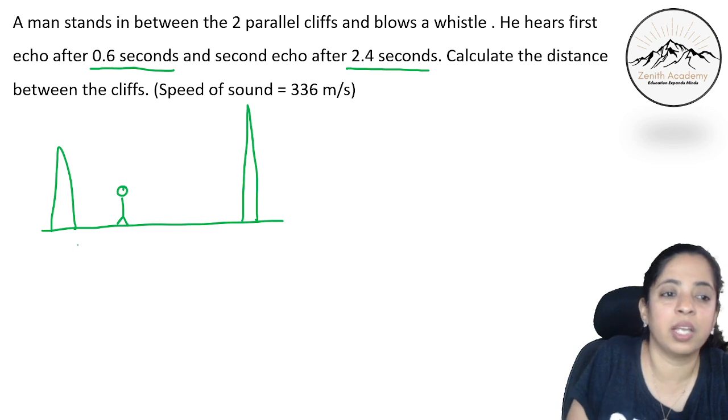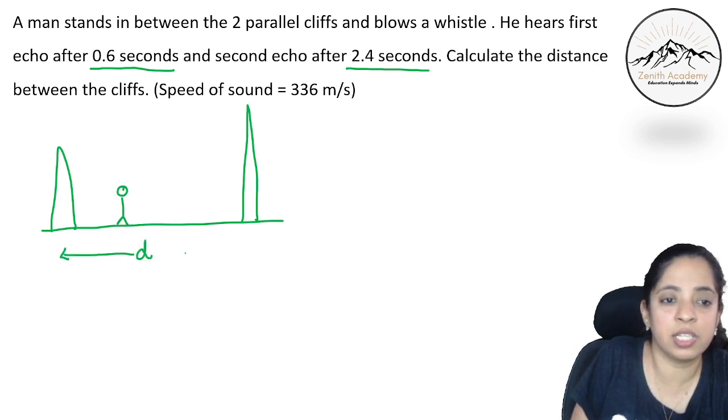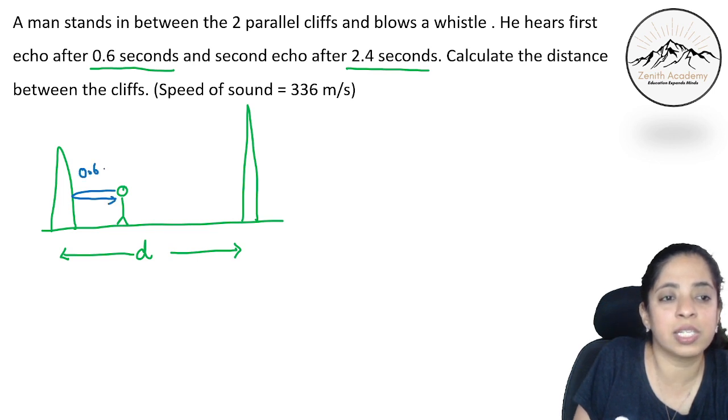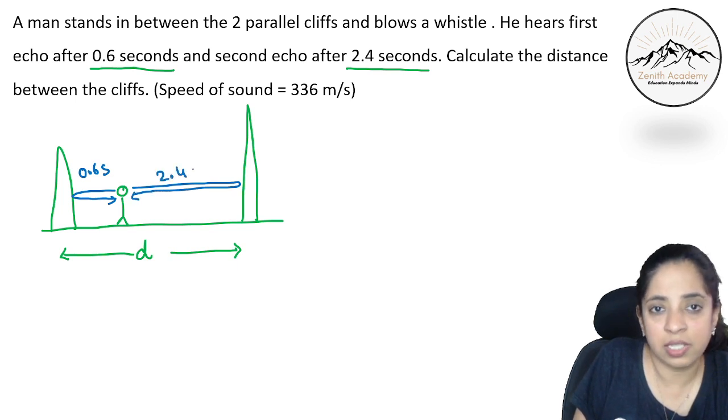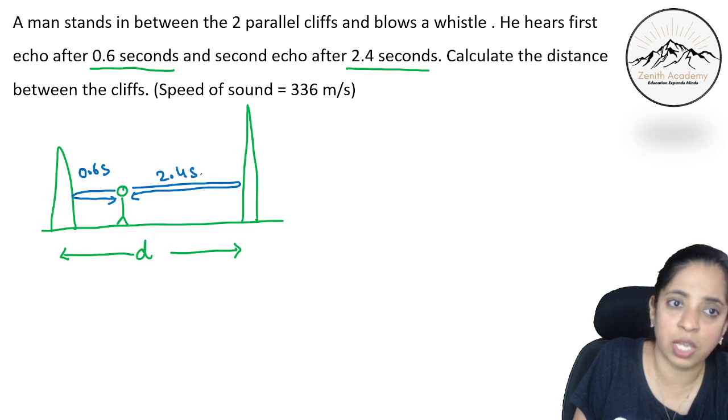Calculate the distance between the cliffs. So this total distance we have to calculate. Okay. I hope you have understood. So this is the smaller distance. So here if he speaks and hears it, it will take 0.6 second. And here if he speaks and hears the echo, he will hear it after 2.4 seconds.